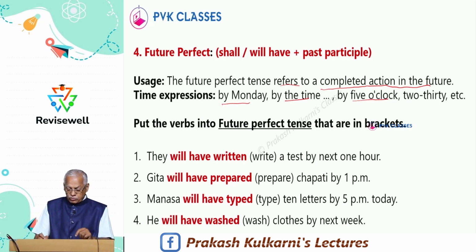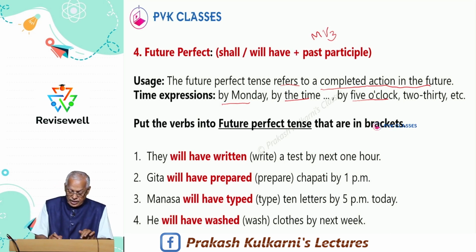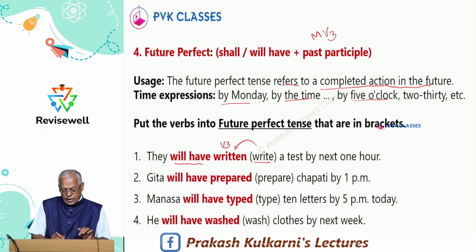Now here are the 4 examples. Now please remember, shall have and will have are followed by V3 verb, main verb V3. It is called past participle. So that means the verb given in the bracket should be changed into V3 and it is preceded by will have or shall have.